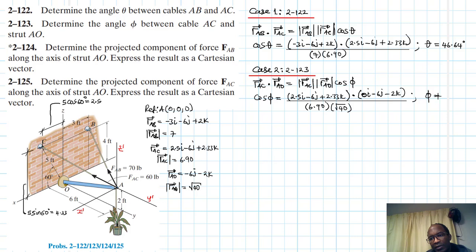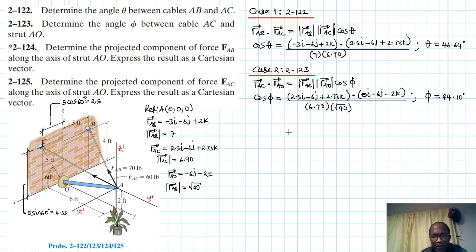Therefore, phi will just be equal to, let's work that out, 2.5 times 0, of course it's 0, then plus 36, and then plus minus 2 times 2.33. Then divided by 6.9 times root of 40. Alright, then cos inverse of that, we have phi is 44.10. Alright, so this is the angle.